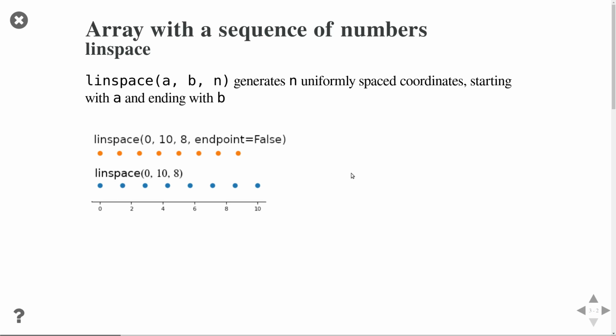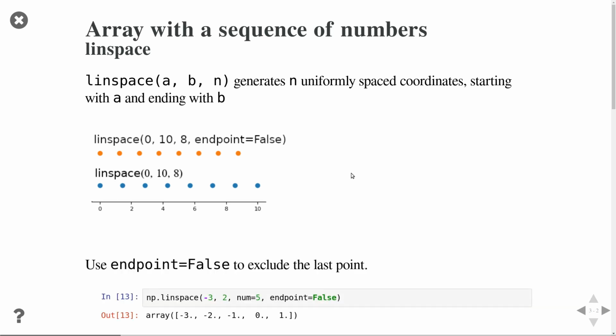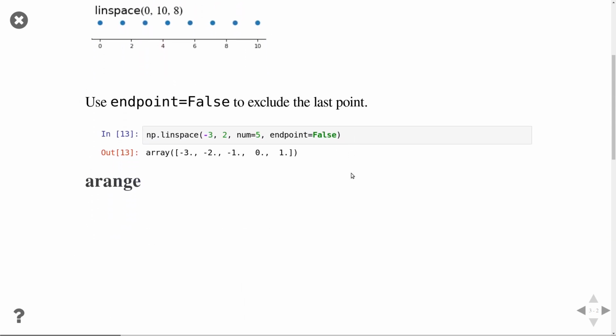That's how it's shown here: linspace from 0 all the way to 10 using 8 data points. The first one starts at 0, the last one is at the end, and in total you have 8. Sometimes it's useful to exclude the endpoint, and then you can use the argument endpoint=False. Then it still starts at 0 and goes all the way to 10, except that 10 is not included. So use endpoint to exclude the last data point.